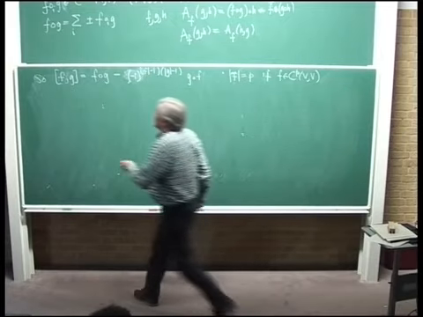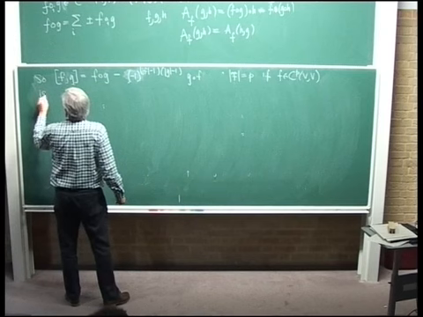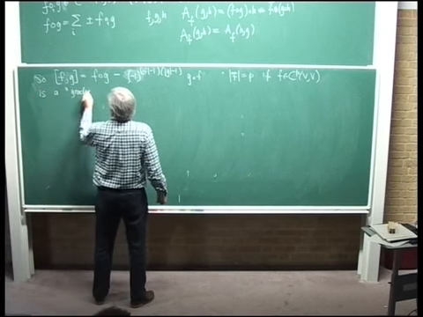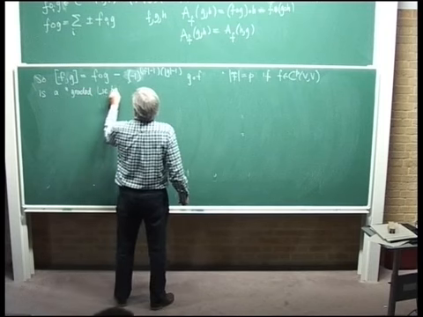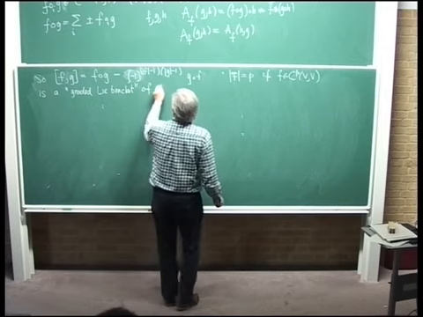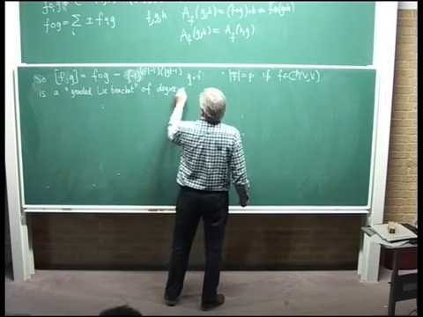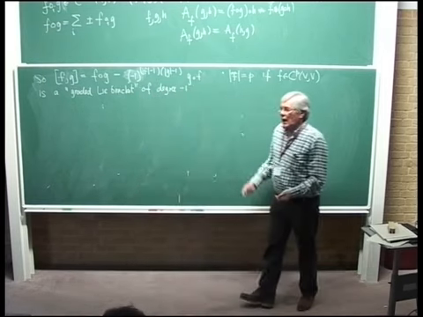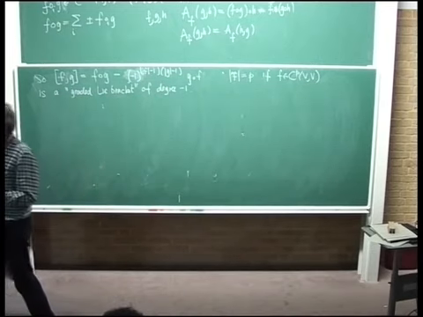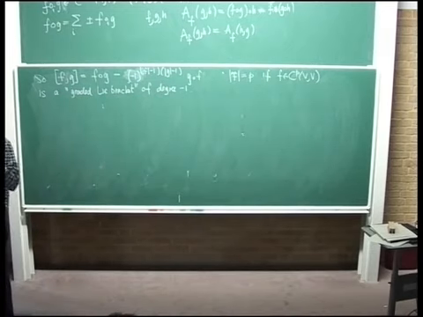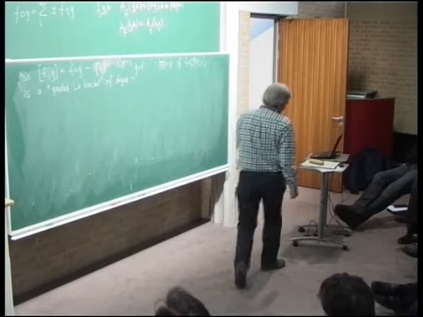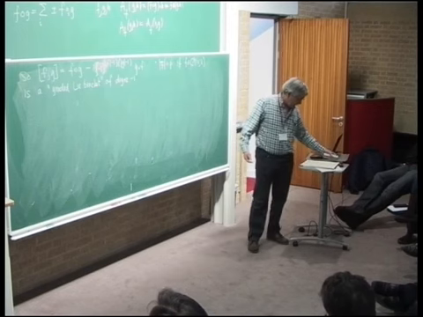So this thing, I'm going to write this graded Lie bracket of degree -1. So if I shift all the gradings down by 1, then this thing is a graded Lie bracket with that grading. So it satisfies the Jacobi identity.